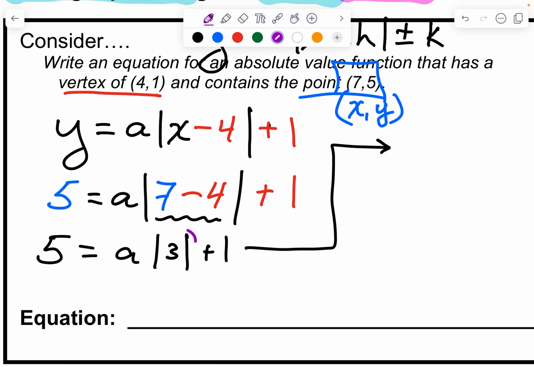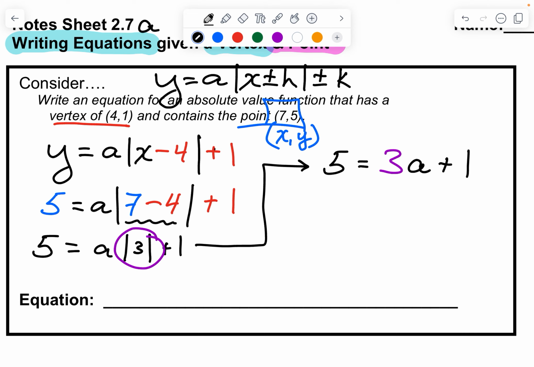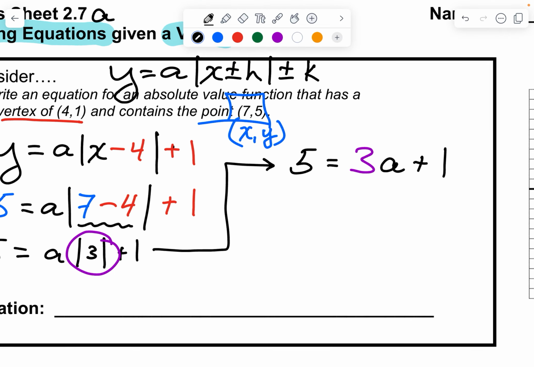The absolute value of 3 is still equal to 3, but it's important that you process that you actually have to do the absolute value as part of your solving. I'm going to write it as 3a, it's a little more natural than a3.